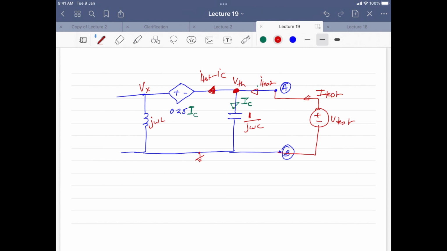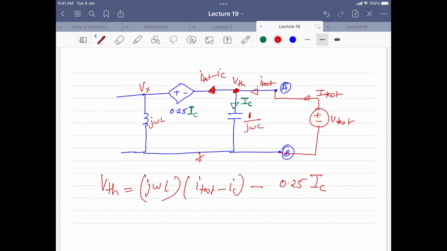So if I want to write the voltage here at this point, VTH with respect to ground, can I write like this? That is, VTH is nothing but J omega L times I test minus IC minus 0.25 IC. Can I write like this or not?